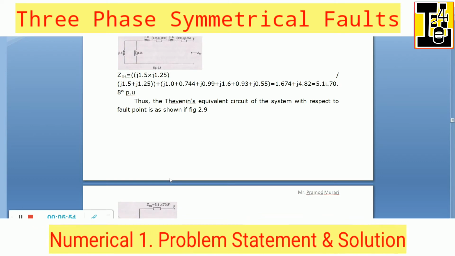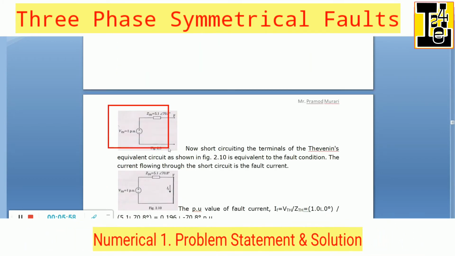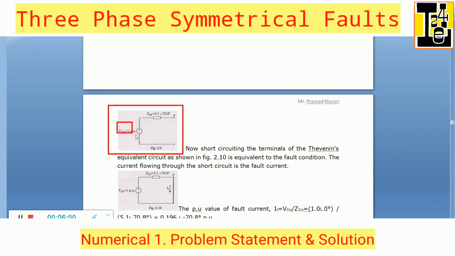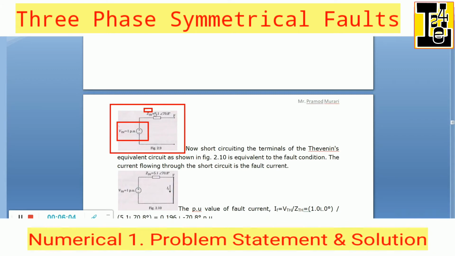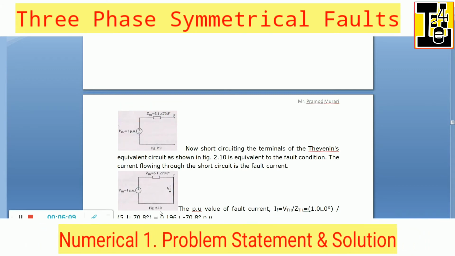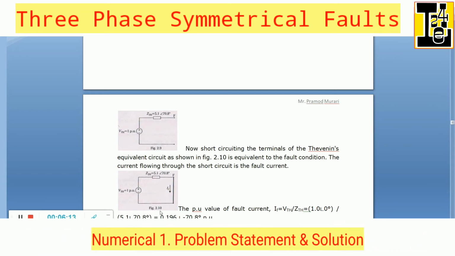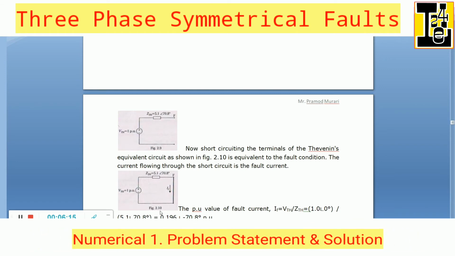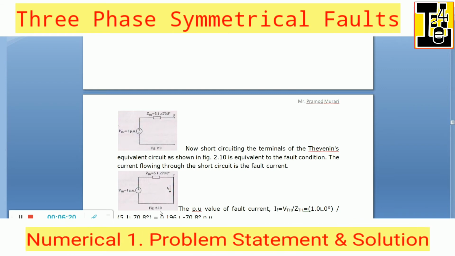Thus the Thevenin equivalent of the system with respect to the fault point is shown here. This is the Thevenin voltage, this is the Thevenin impedance. Now short-circuiting the terminals of the Thevenin equivalent circuit with respect to the fault point, the current flowing through the short circuit is the fault current.